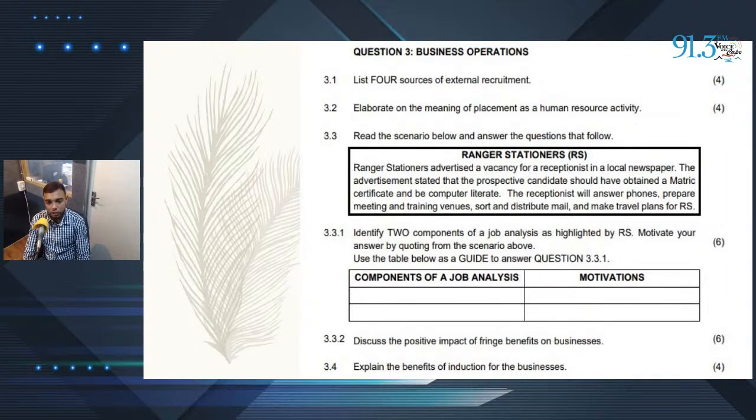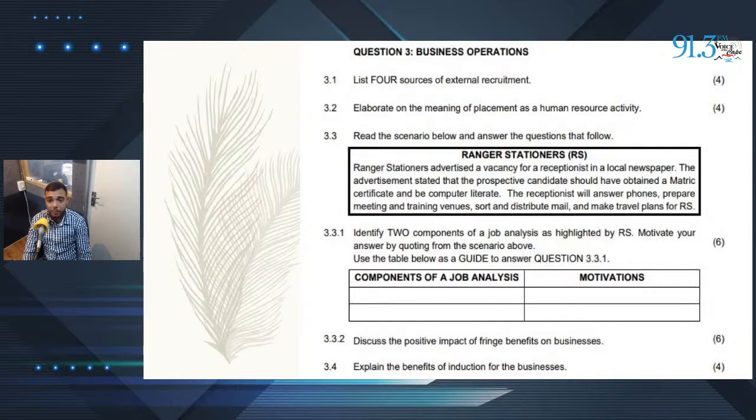Now move on to the next question. 3.2.2. Discuss the positive impact of fringe benefits on businesses. Do know that fringe benefits are such as your medical aid, housing allowance, your pension fund, also your car allowance, all the allowances that you do get.